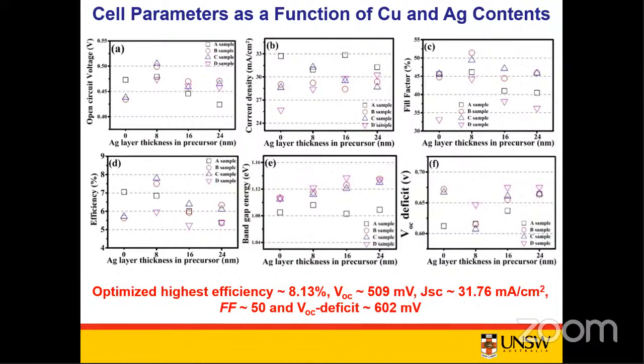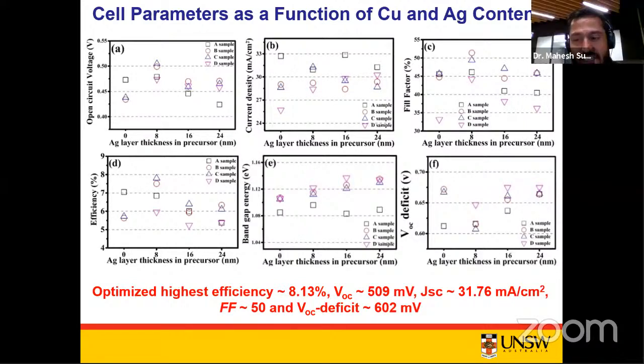One last question. You studied the effect of Ag. Is there also a possibility to study Au and Pt, used as one of the layers? I don't think it's a good idea to use the Au and the platinum, because our aim is to make these earth abundant compounds.